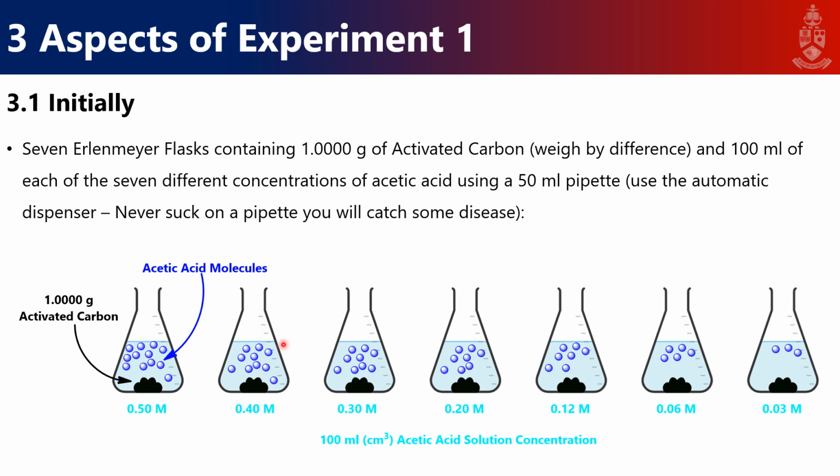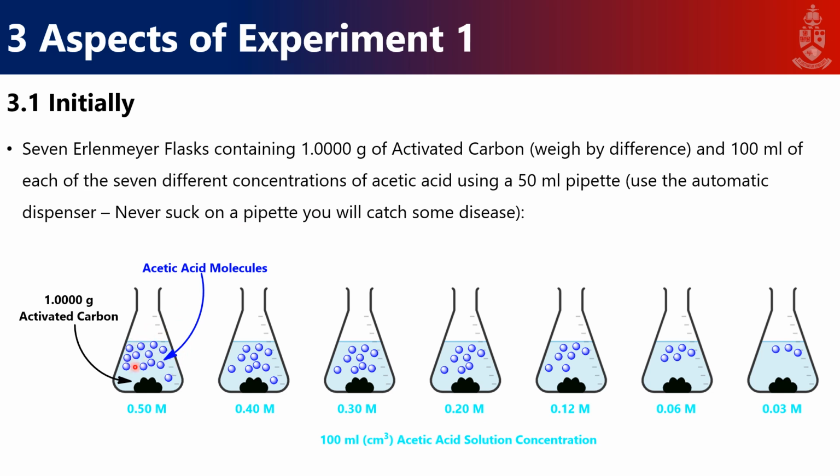So 100 milliliters of this solution, but at different concentrations: 100 milliliters of 0.5 molar, 100 milliliters of 0.4 molar, etc. You'll also use a pipette to transfer all of this to your Erlenmeyer flasks. Remember, you'll also weigh by difference in terms of your activated carbon, but that will be explained better in the experimental video.